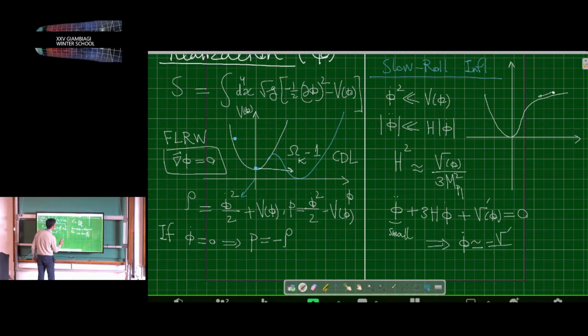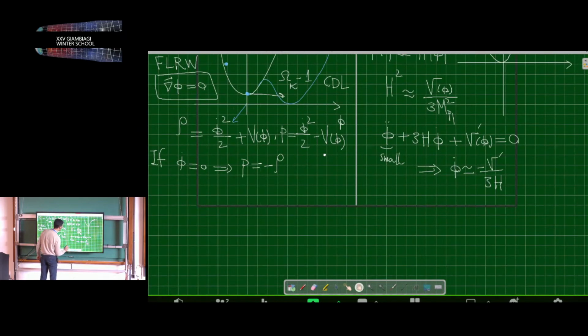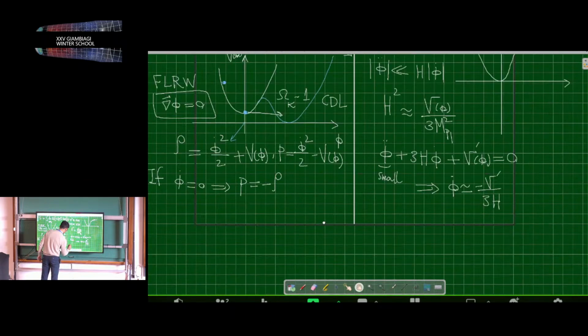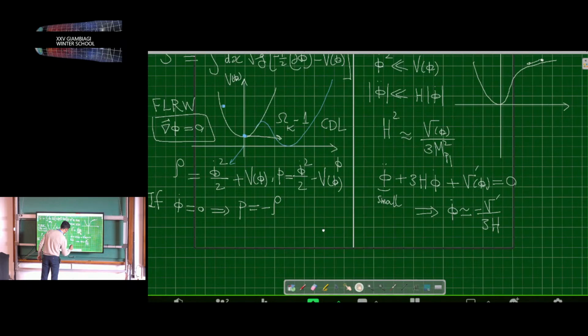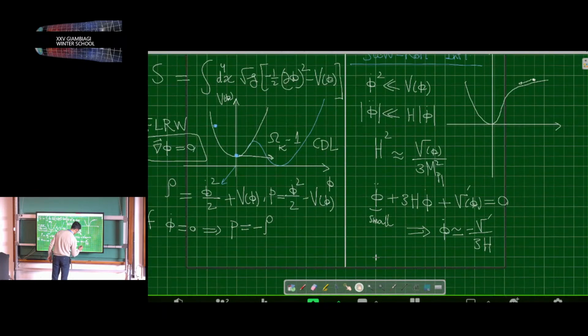So here, remember, we had two conditions, condition 1 and 2. These two conditions, 1 and 2, lead to two conditions on the potential, which is the following.